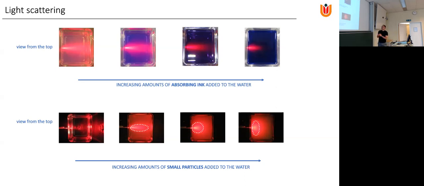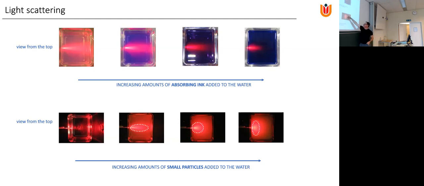So in the second experiment here, there's a lot of light that is not scattered yet. So you see it's still propagating along the incident direction. And as you add more and more particles, more and more light is scattered very soon. So the distribution of light becomes a little bit closer to the front surface.